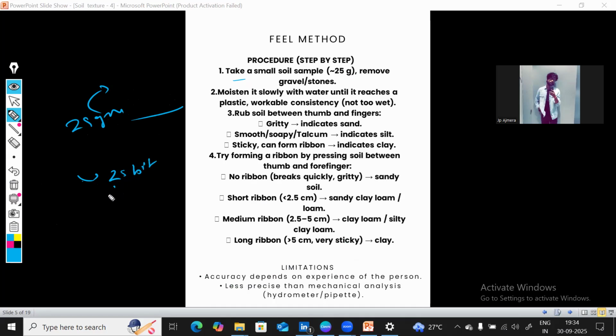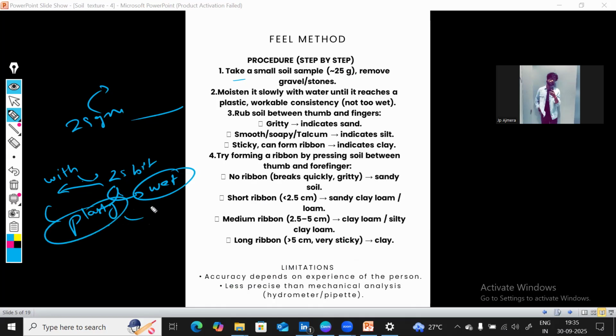Not too much, just that much water until it reaches plasticity. There can be consistency as well, but not too wet. Plasticity and consistency we will read ahead. That is a very interesting topic.